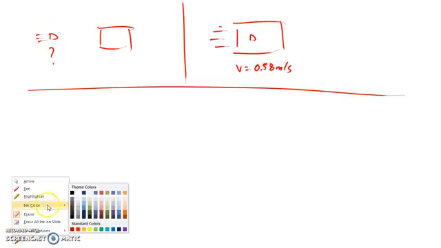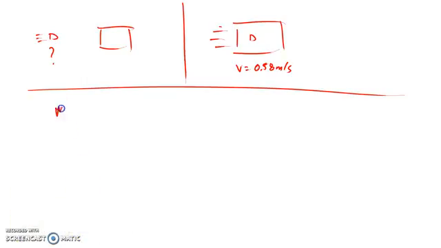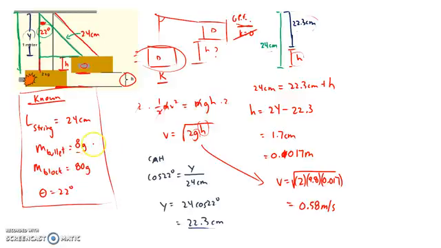Okay, so I see a collision here, so I'm thinking conservation of momentum. This is before my collision, and this is after my collision. So let me call the mass of the bullet M1 and the mass of the block M2. So M1, I would convert this into kilograms.